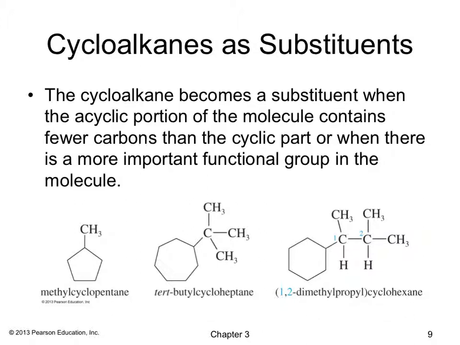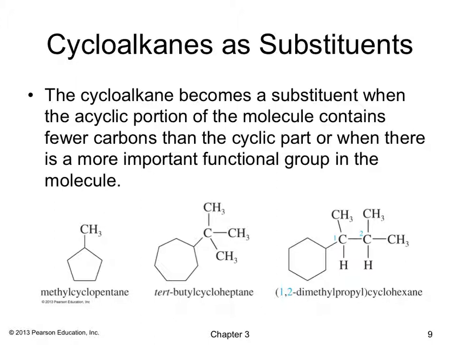So you can also have cycloalkanes as substituents. The cycloalkane becomes a substituent when the acyclic portion contains more carbons than the cyclic part, or when there is a more important functional group in the molecule. So in all these cases below, the parent is the cycloalkane.